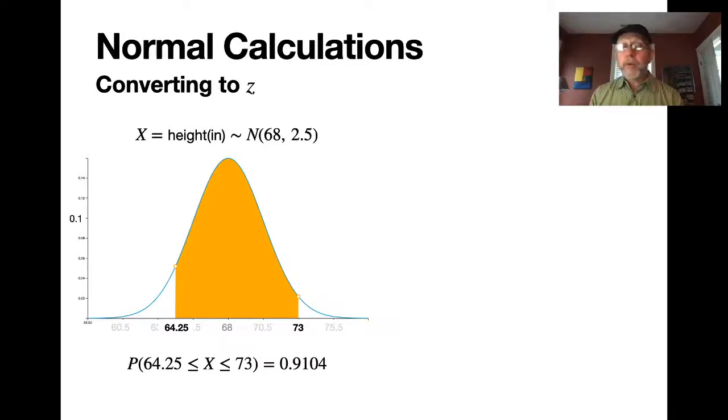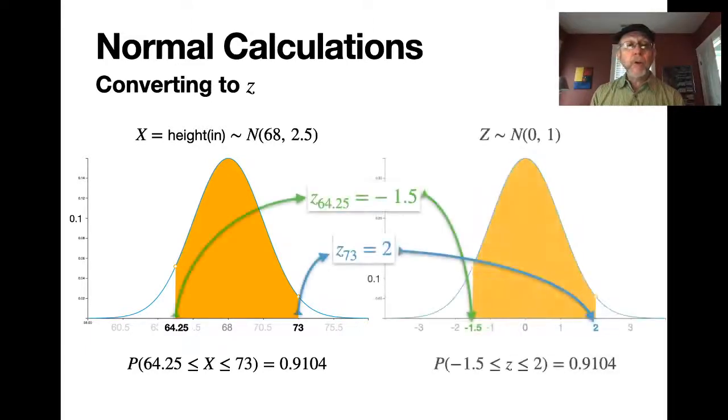So again, if you convert the endpoints of that region to z-scores, and then look at the corresponding area in the standard normal distribution, you get exactly the same value, 91.04%. So this shows that any calculation involving the normal distribution can always be reduced to an equivalent calculation involving the standard normal distribution.